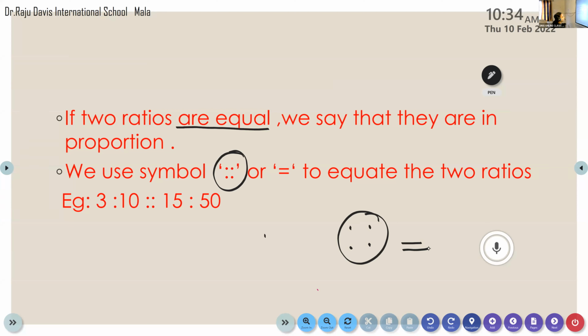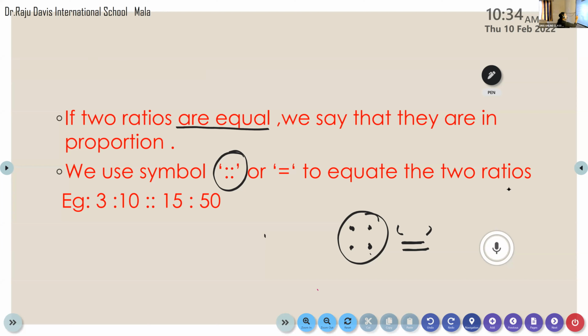When I ask, don't tell me, I don't know. If two ratios are equal, we say they are in proportion. We use the symbol double colon, or we can say they are equal.